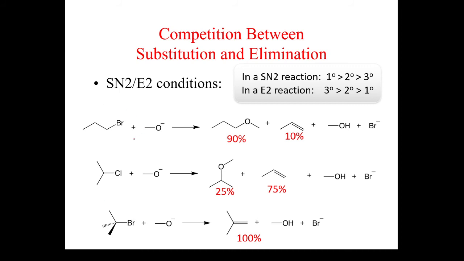So if we look at something under SN2, E2 conditions, let's take a look. This is a primary alkyl halide, this is a secondary alkyl halide, and this is a tertiary alkyl halide. So primary, secondary, tertiary.